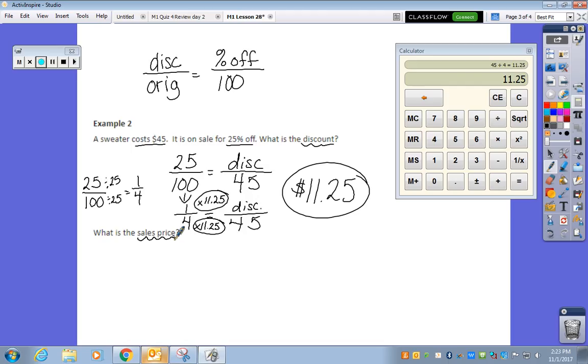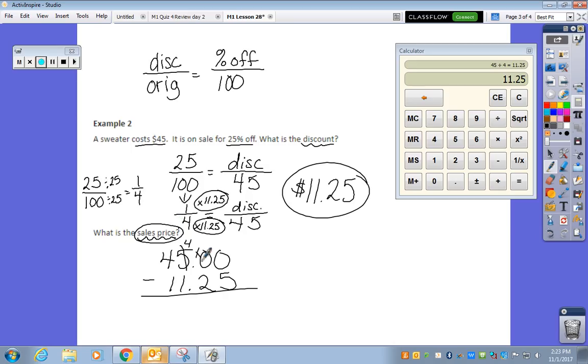If you know the original cost of an item and you know the discount, or the amount of money that you are taking off of the item, you can take the original price and subtract the discount. And what's left over is how much you will pay for the item, or the sales price. Remember, the sales price is how much you're actually paying for the item.